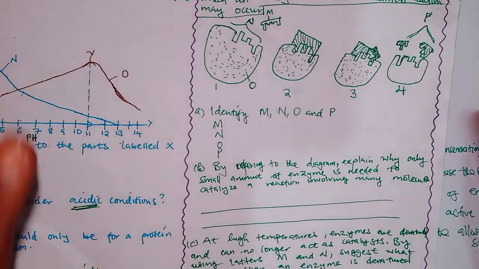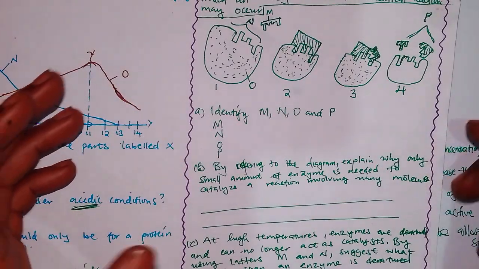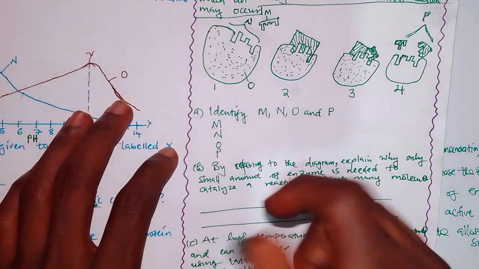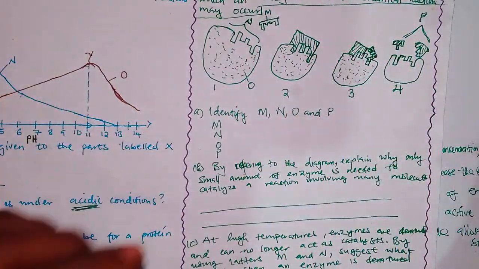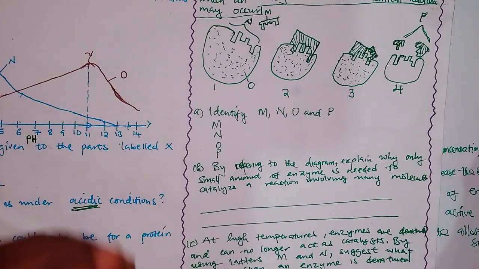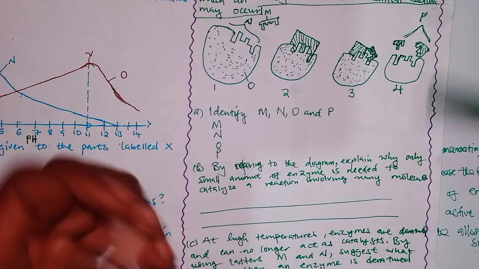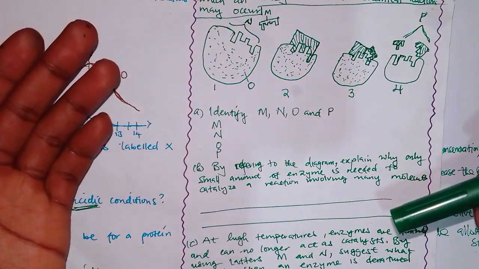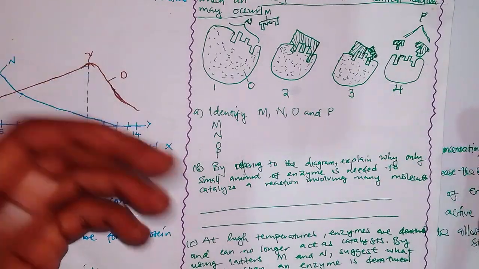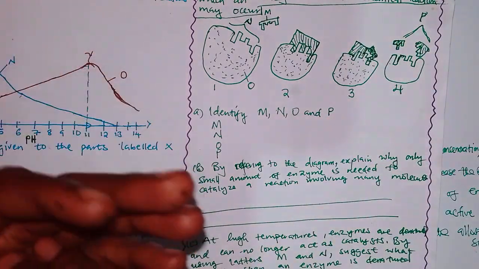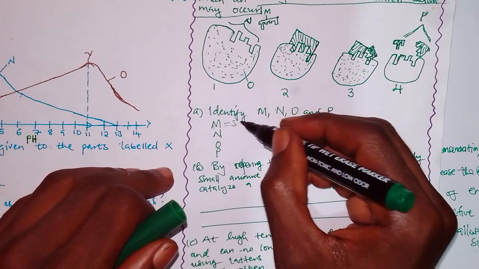Then coming on to our second and final question, which is saying the figure below shows in order 4 stages in which an enzyme controlled chemical reaction may occur. The first question is saying identify M, N, O, and P. In the previous video, I talked about M, which is the substrate.